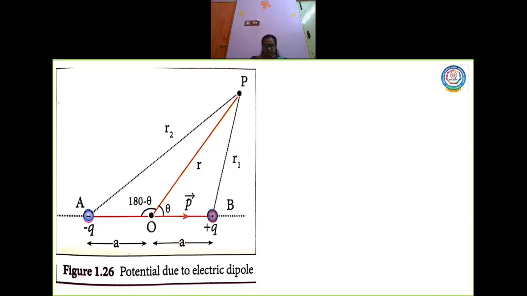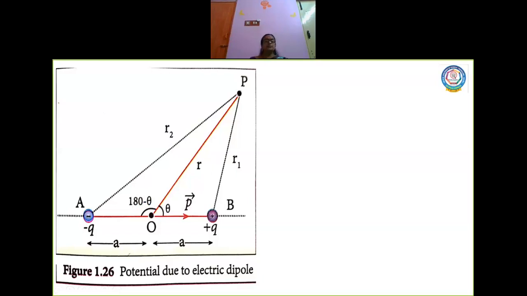Theta represents the angle between OP and the dipole axis AB. This is the dipole axis, and theta is the angle between the line OP and the axis of the dipole. So if this is theta, this is 180 minus theta. Is the diagram clear, children?